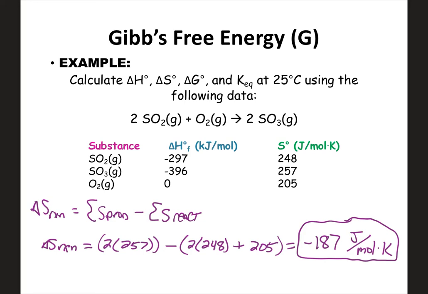This is where the temperature and the equation to find delta G is going to be important, because all this information together will tell me whether or not the reaction is going to be thermodynamically favored. So now I have to move on to finding delta G. I'm not given the delta G information in the table, so I have to use my equation to find it based on the delta H and the delta S values.